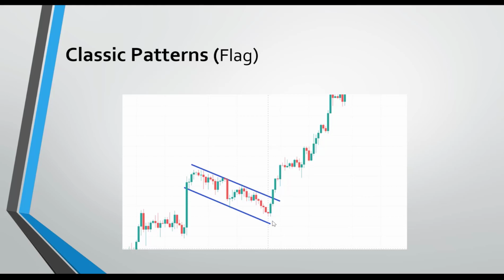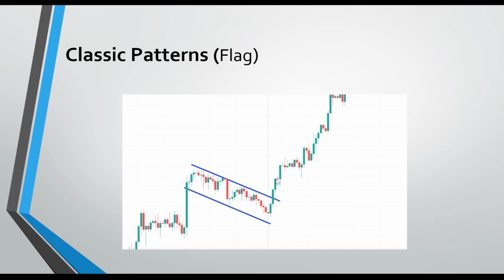And finally, whenever we have a breakout from either side, the market goes the same way. You can see in the photo that we have a kind of bullish trend. Then in the flag, or in the channel, we have a bearish one, and then we have the breakout from the top. And you can see the trend has changed to bullish again.